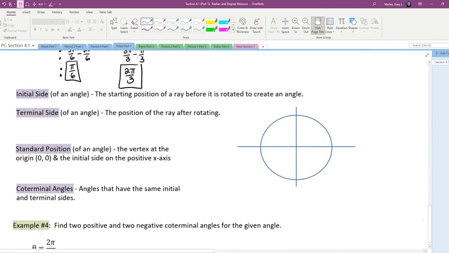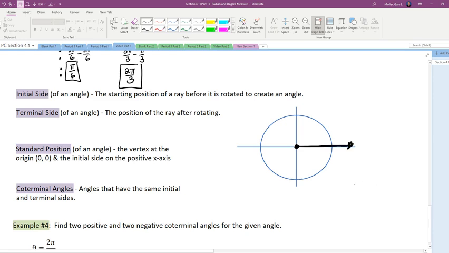A couple quick definitions. The initial side of an angle is the starting position of the ray before we rotate it to create an angle. The terminal side is the position of the ray after we rotate. Almost every time in this class, when we're talking about angles, we're going to be thinking of a rotation that has a vertex, a rotating point, at the origin, and where the initial ray is going down the positive x-axis.